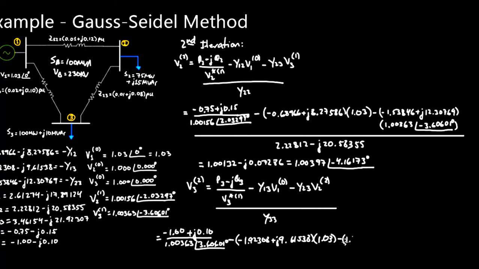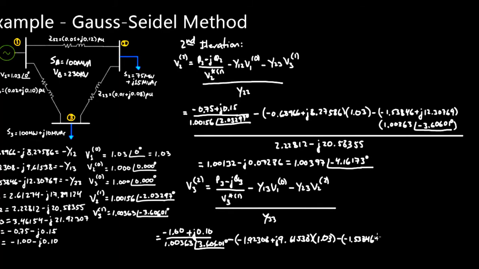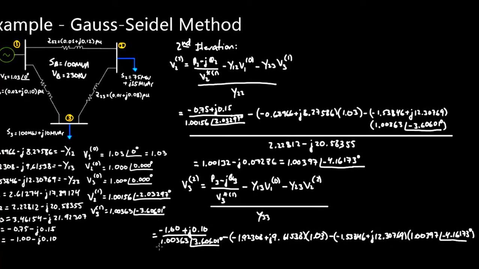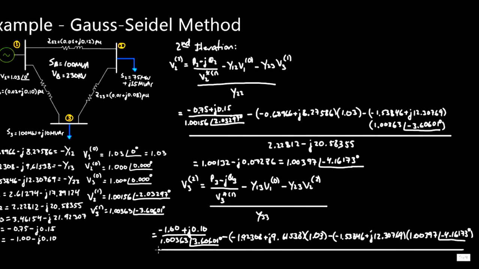1.53846. I missed the minus over here, so minus 1.53846 plus J12.30769. And then that times V2 of 2, which we calculated over here. So 1.00397 at an angle of minus 4.16173 degrees. All of this divided by Y33.